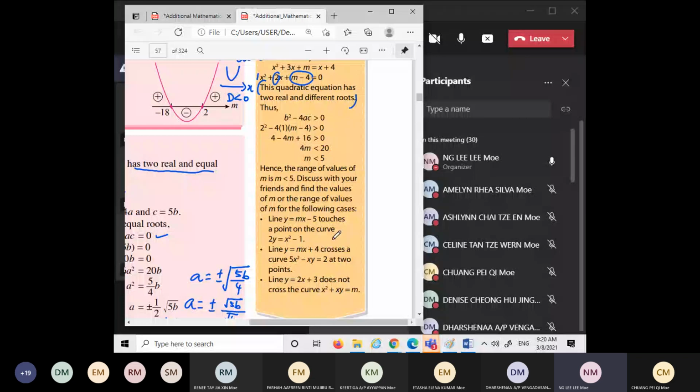Greater than 0, equal to 0, or smaller than 0? Touch a point. Equals to 0. D is equal to 0. Okay, thank you.